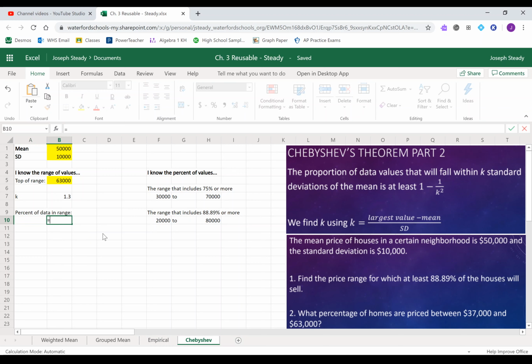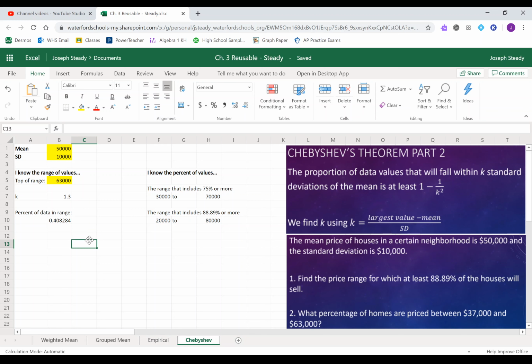So 1 minus 1 divided by that number squared. And in this case, it tells us that about 40% of our data should fall in that range of values.